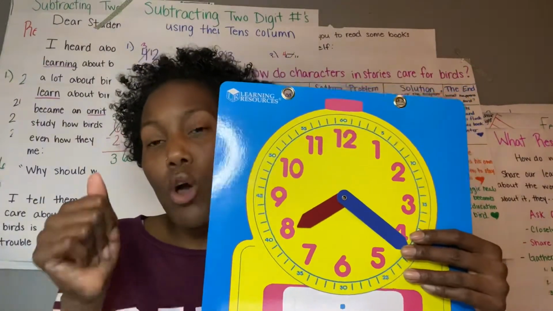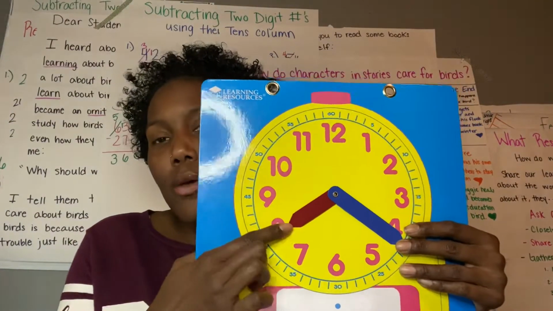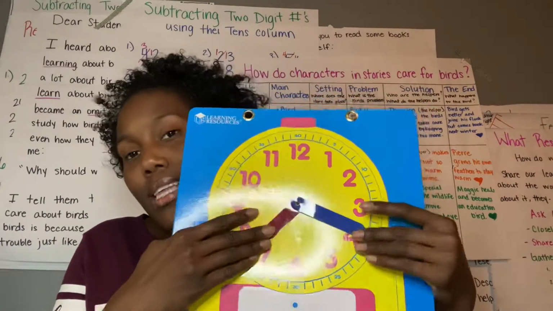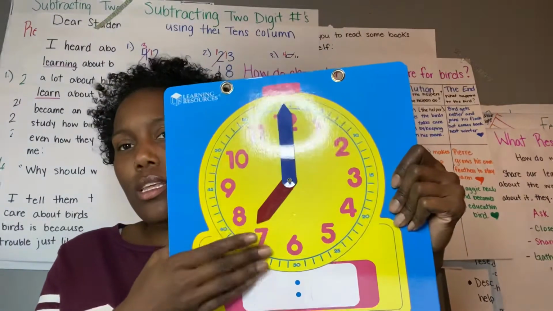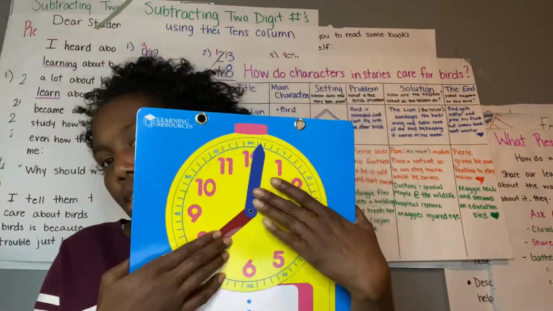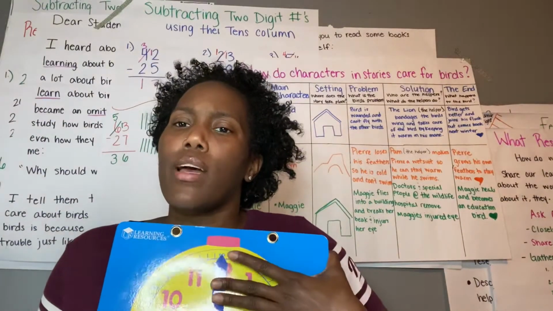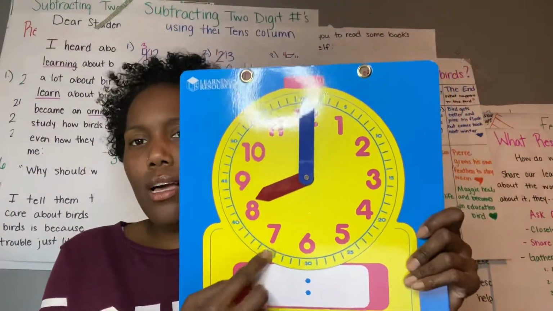Good thinking, because we always say the hour first. And then where should this blue hand go? Exactly. I'm going to move it up until it touches that 12 again. So now I have 8 o'clock. My clock is kind of hard for me to move, guys, because it's new. But there it is, 8 o'clock.